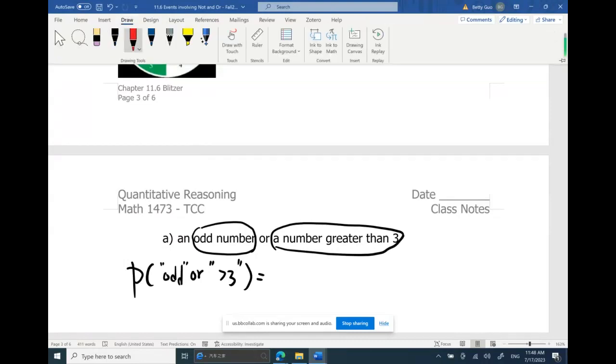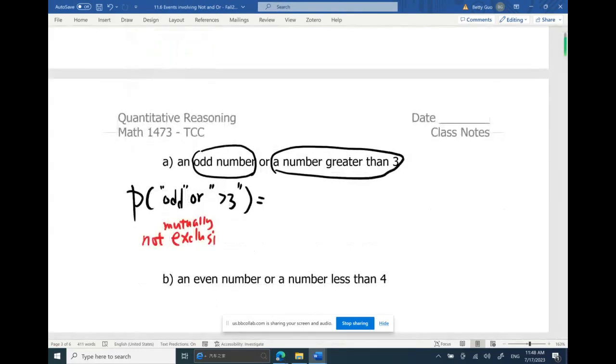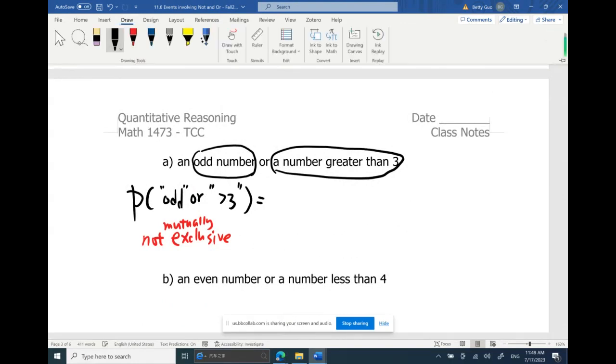So on your scratch paper, you want to write this: not mutually exclusive. Yep, make that very clear. If they are not mutually exclusive, then we're going to use another formula to represent the probability of odd or greater than 3, right?